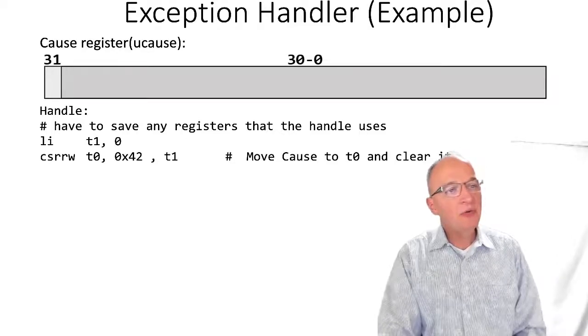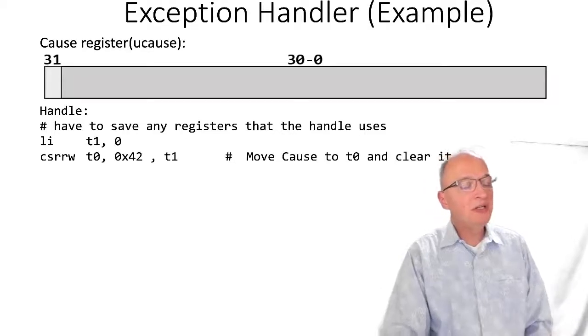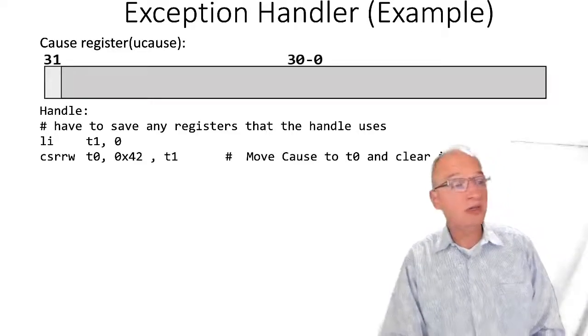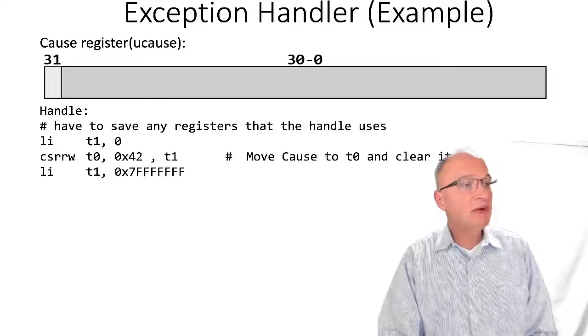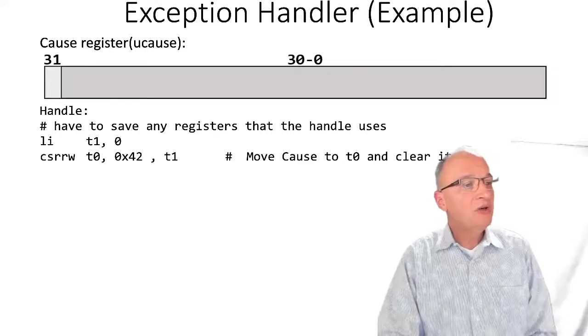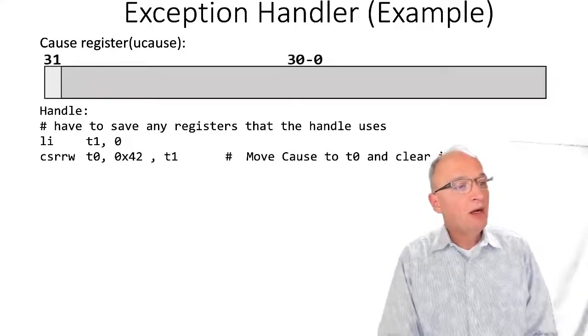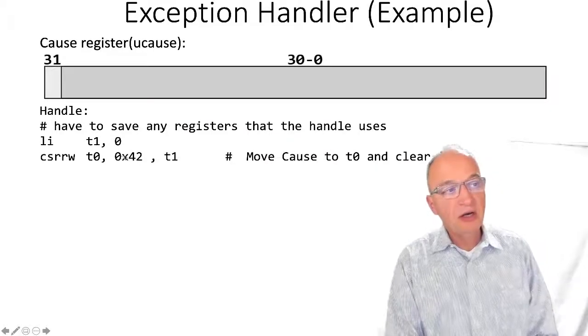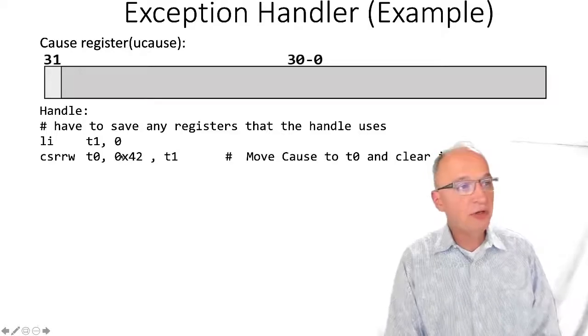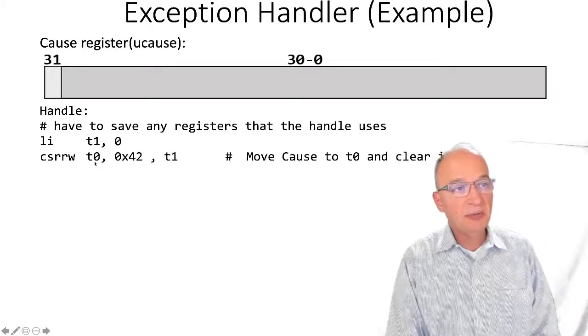And now I'll move the cause to T0 and I'll clear the cause for the exception. By doing this read-write instruction again, I'm exchanging the value. What this instruction is going to do is take the value of the control and status register 42, which is the cause register, and put that into T0.